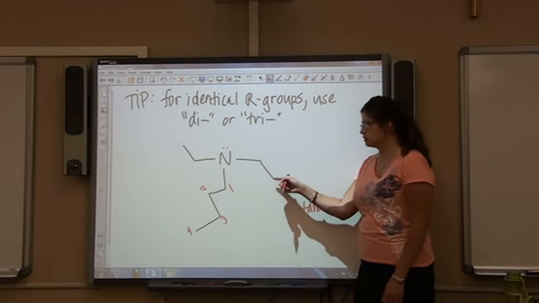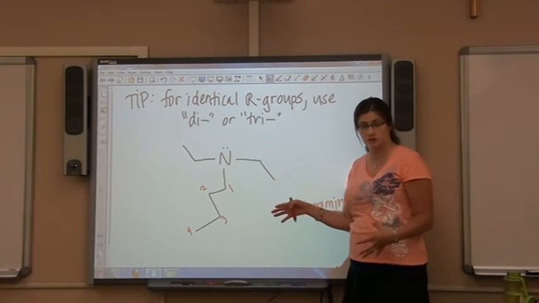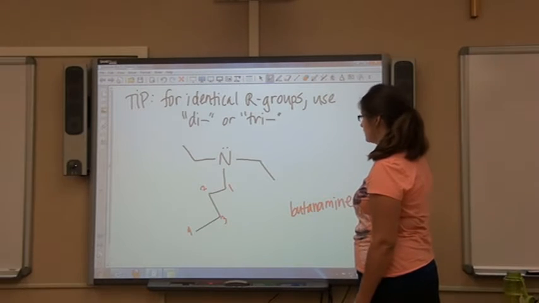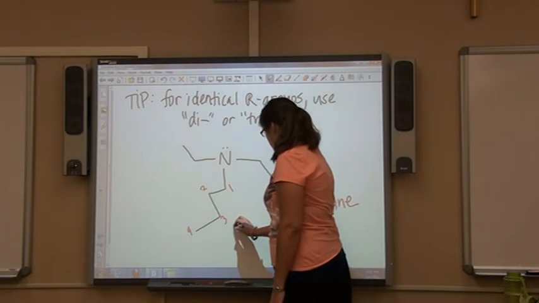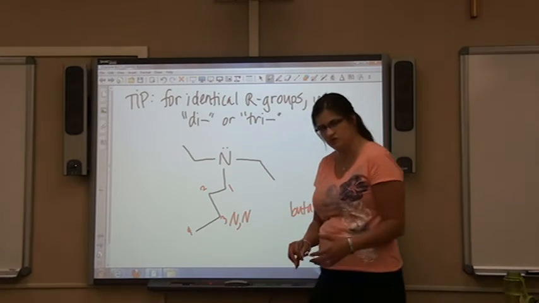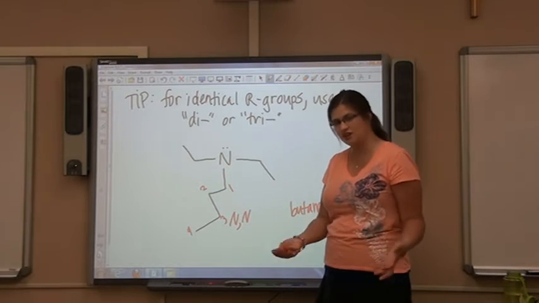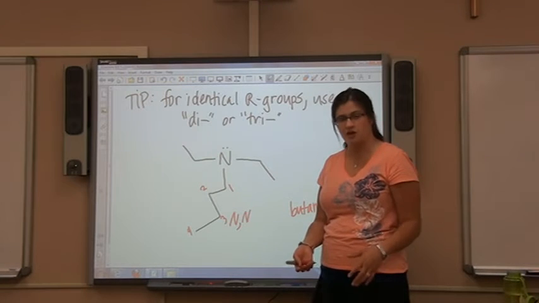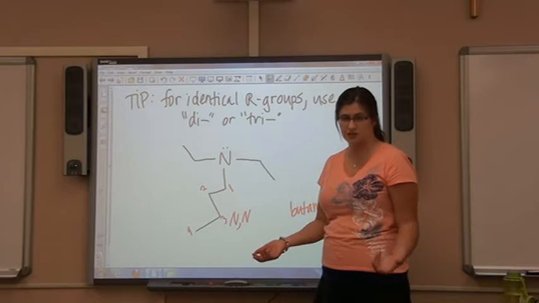And now I'm just going to name these other R groups as substituents. They're both ethyls. So what I have to do is write N, and those N's are sort of italicized. You're not going to be able to write italicized N's in your handwriting, but if you had to type them, they would be italicized.